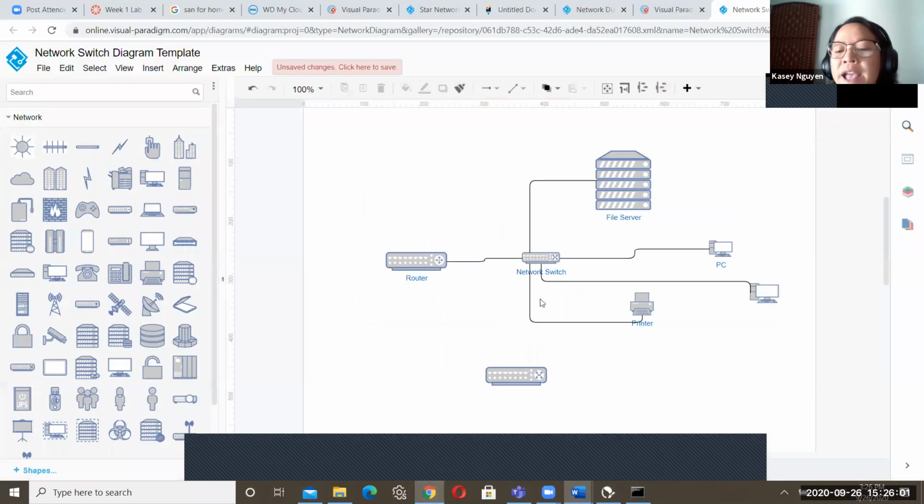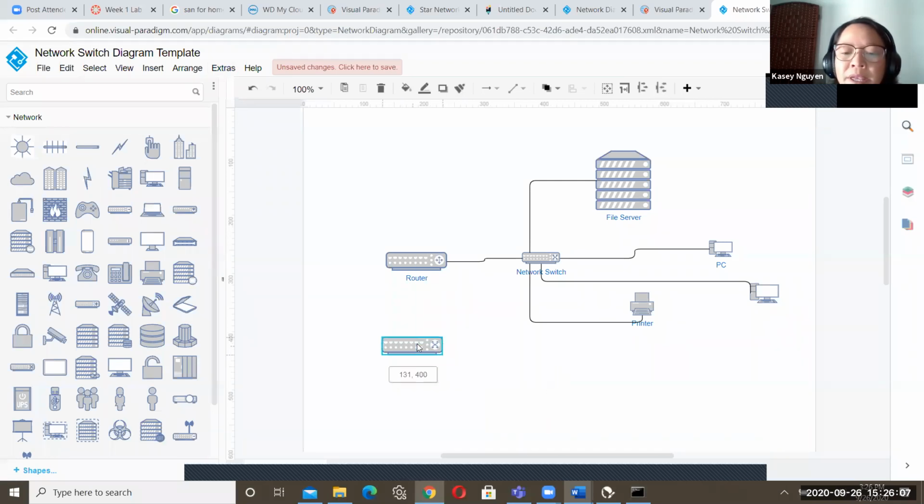They already have some labels for you here, and then you can use this line to connect your switch. Okay, any questions?